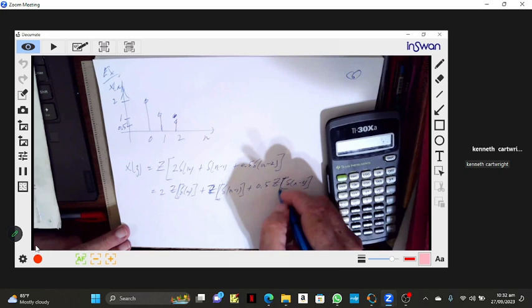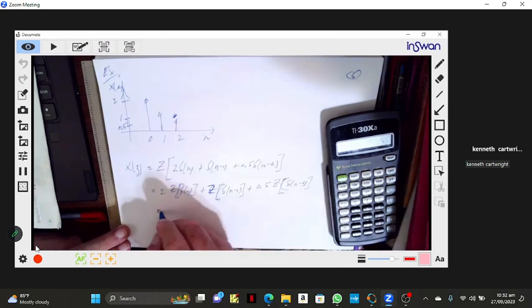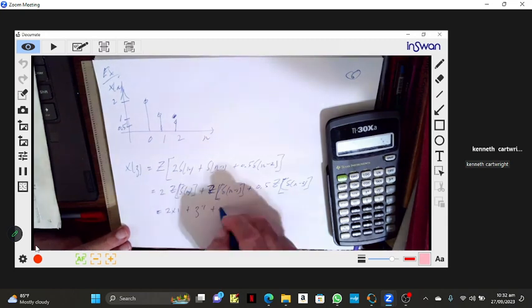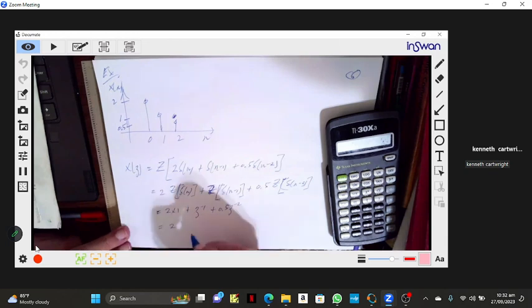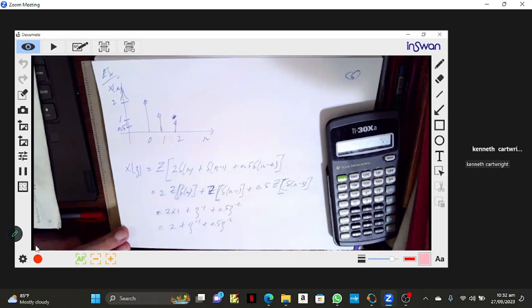So clearly that is what? That is 2 times 1 plus what? Z to negative 1 plus 0.5 z to negative 2. Or simply 2 plus z to negative 1 plus 0.5 z to negative 2. That's the z transform of the top signal.